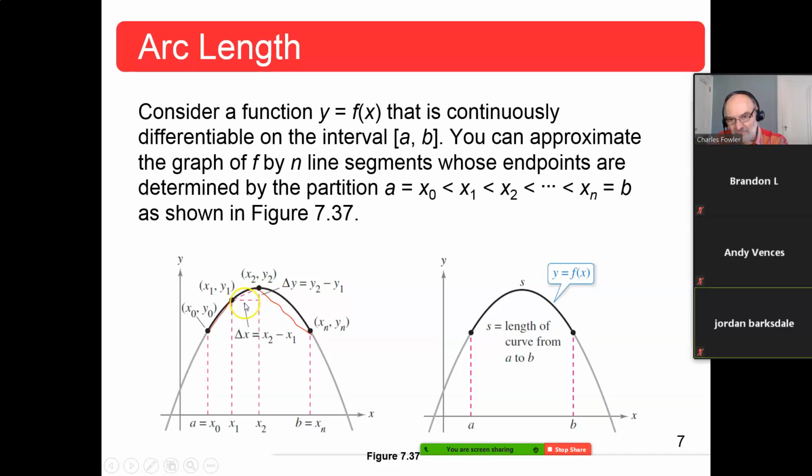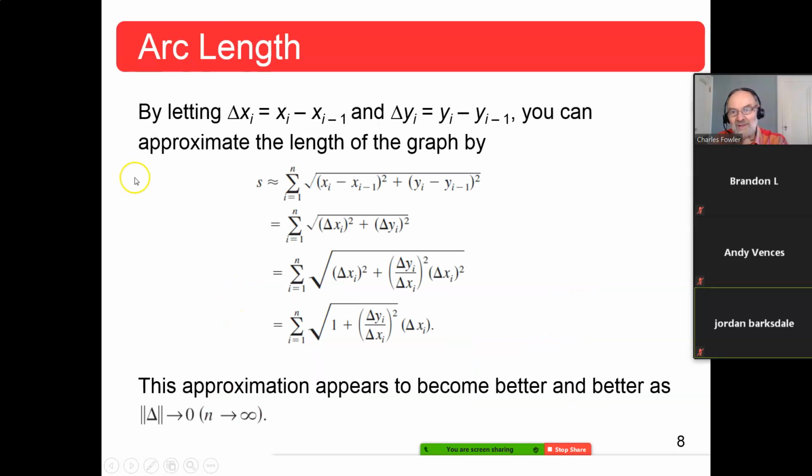That's your delta x sub 2. Here's your delta y sub 2, and this then would be the approximation of the arc length. Okay, we're going here. So delta x sub i would be x sub i minus x sub i minus 1, which was x sub 1. Delta y sub 2 would be y2 minus y1. That's exactly what we showed here.